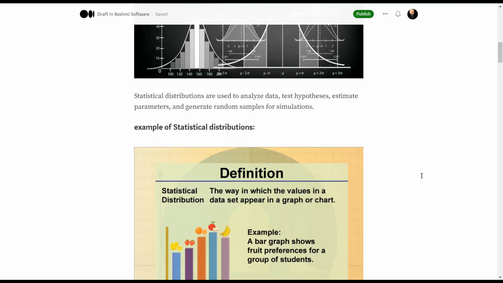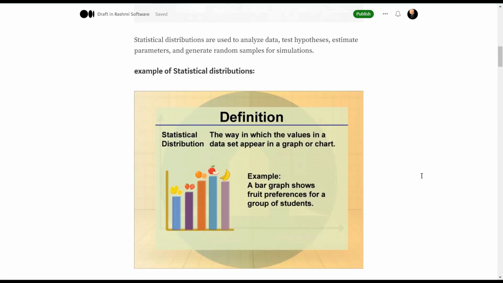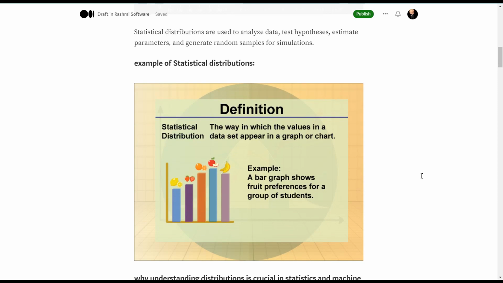Let's see an example of statistical distribution. It's a best example for understanding the statistical distribution function. Statistical distribution is the way in which the values in a dataset appear in a graph or chart.